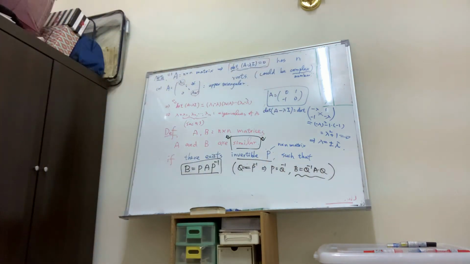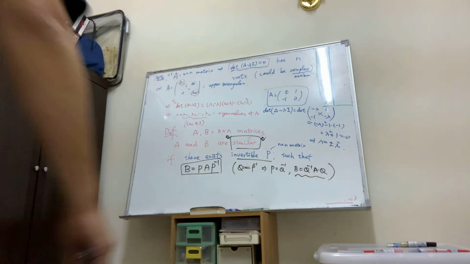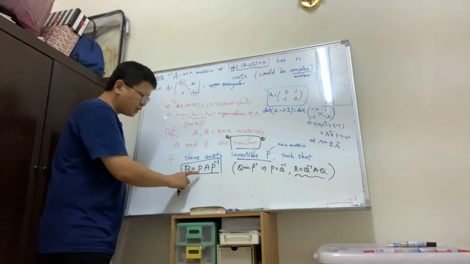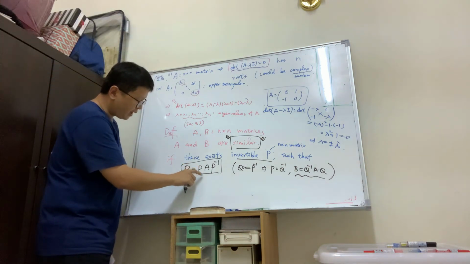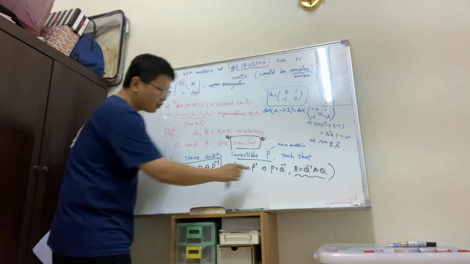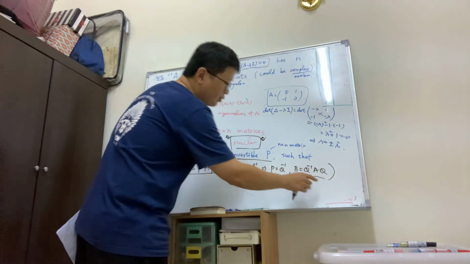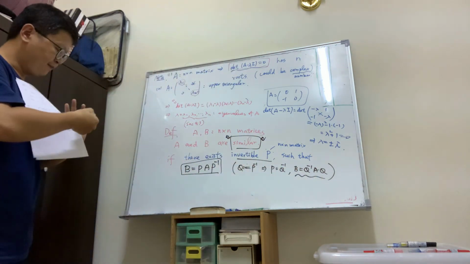So for this invertible matrix P, you could write it as PAP inverse, or you could write it as Q inverse AQ. That's fine.